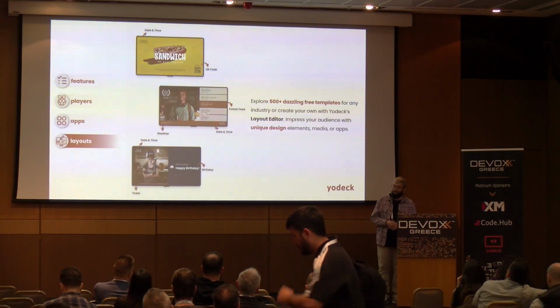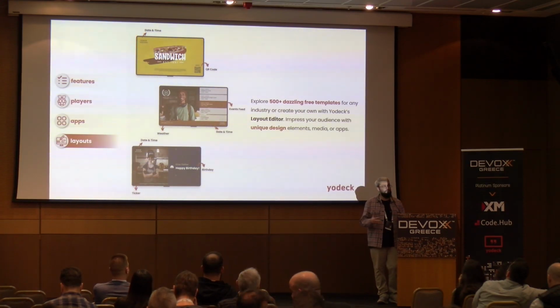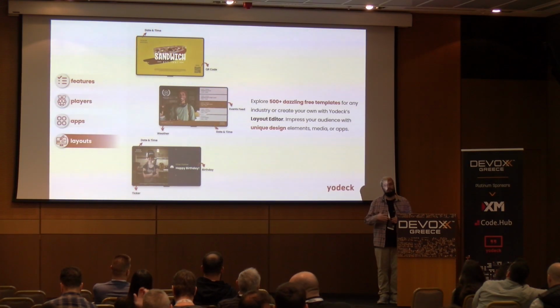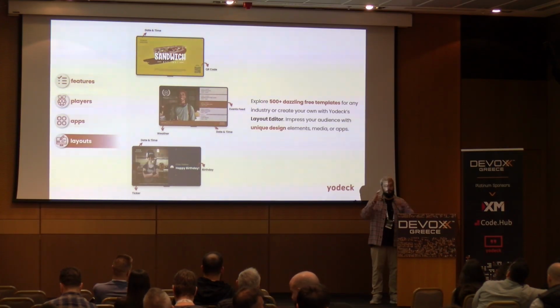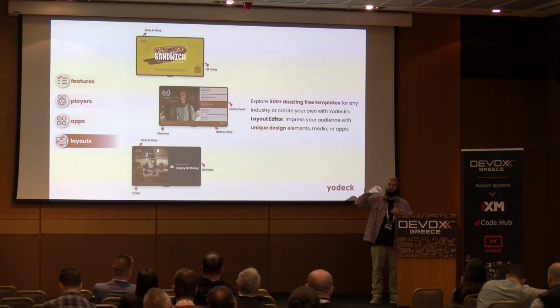So the layouts are the easiest way to explain what the difficulty is here. We provide a way that instead of just a playlist, you can create your own layouts and put images, make them smaller, bigger, add a playlist into that layout. So you can always have, let's say, a clock on the top right or a weather app on the top left, and you have a main content on your screen.